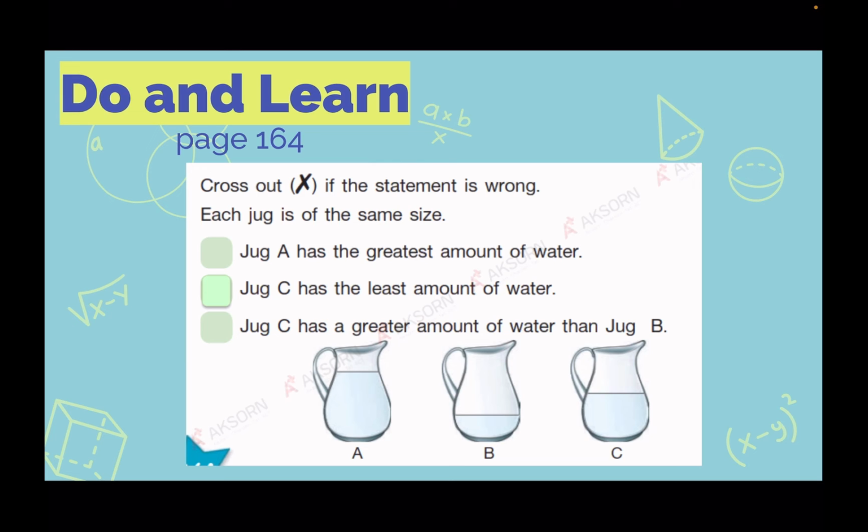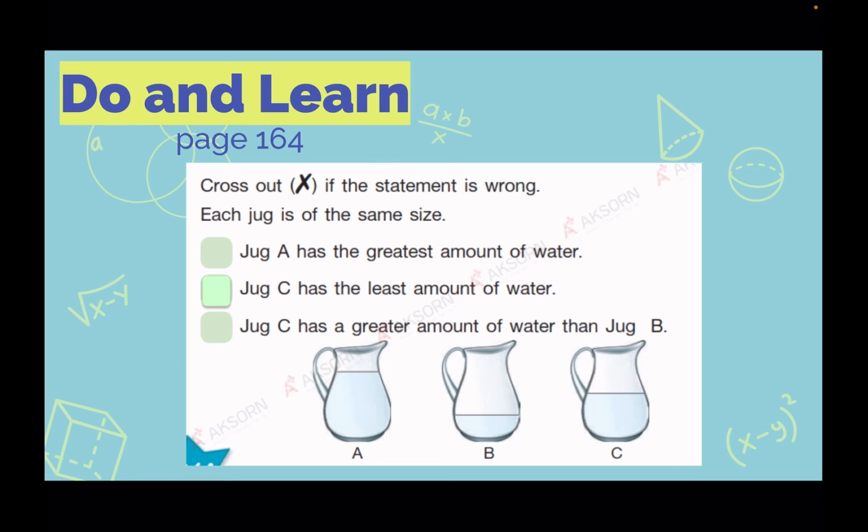So jug A has the greatest amount of water. Look at jug A. Does jug A have the greatest amount of water? Yes or no? Is it true or false? So you're going to compare A, B, C. Okay. So how about letter C?